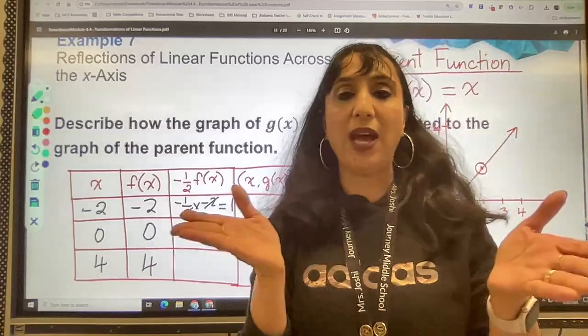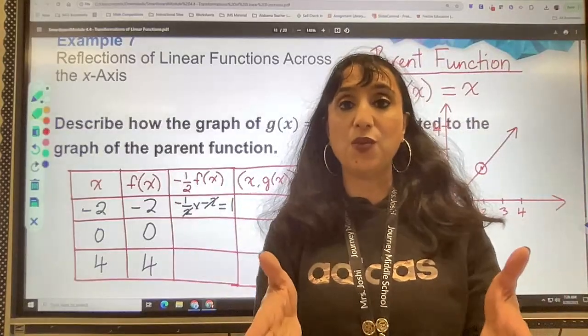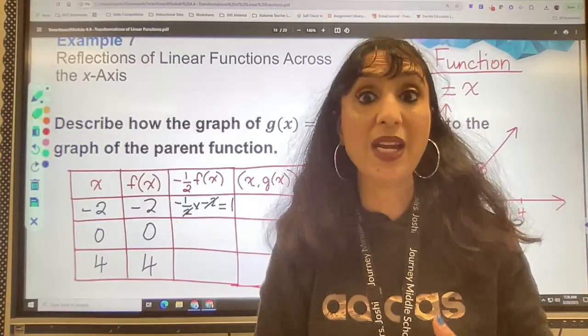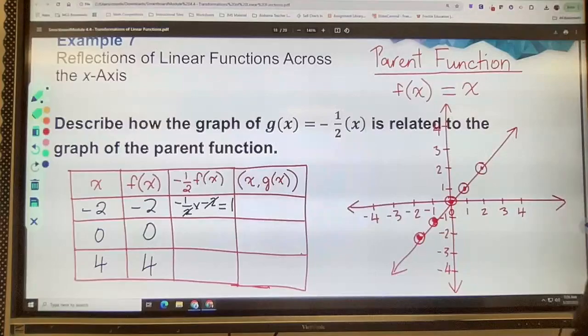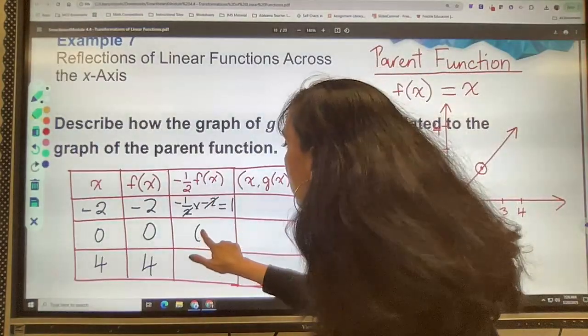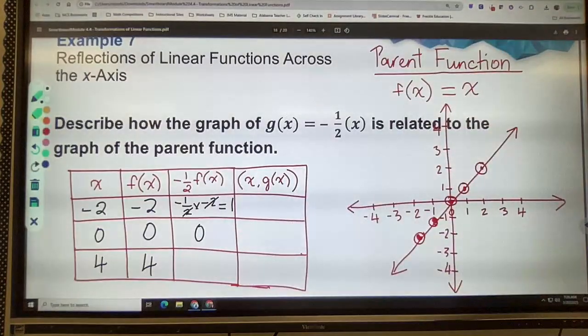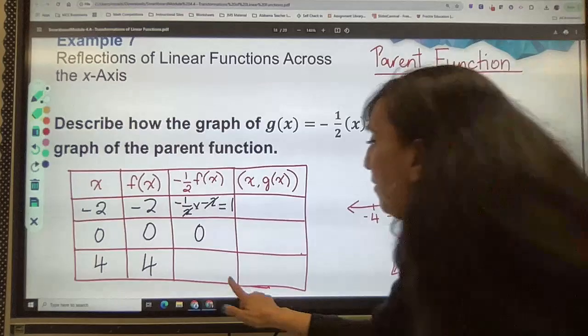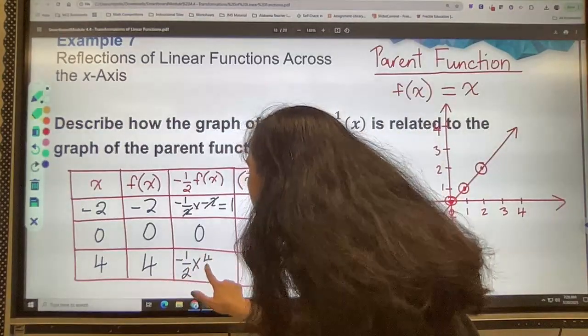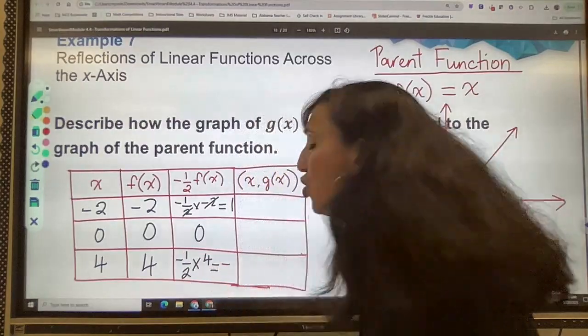So once again, when I'm multiplying two numbers with the same sign, in this case, negative times negative is going to make it positive. Okay? And then, of course, 1/2 of anything times 0 is going to be 0. And then I have negative 1/2 times a positive, so I'm going to get a negative answer.